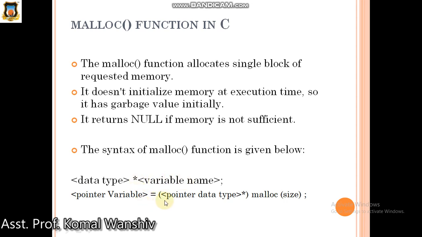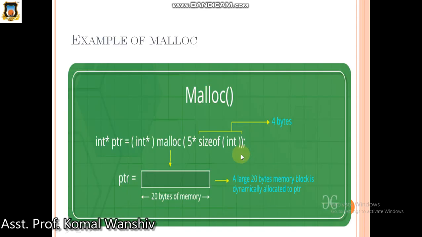Now the syntax of malloc: pointer name is equal to pointer data type asterisk symbol, then malloc in brackets size. Note that malloc accepts only a single parameter, and you need to convert the memory to the respective data type because malloc returns a void pointer.